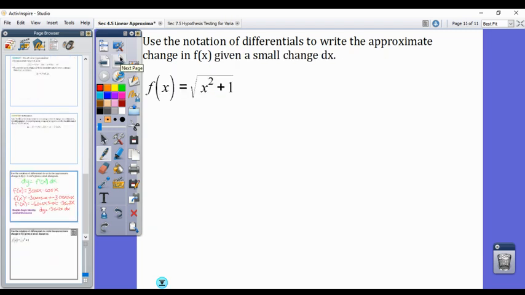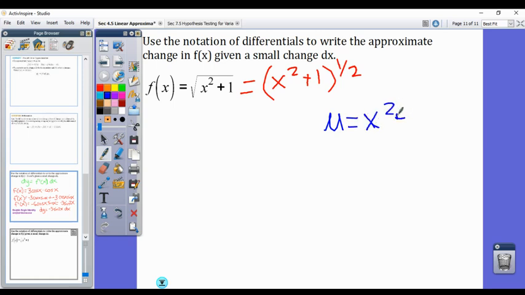All right, so we're going to do this one, and hopefully you are noticing we're going to need to do the chain rule. So I could rewrite this as x squared plus 1 to the 1/2, right? So what that would tell me was my u would be x squared plus 1. The derivative of u would be 2x.